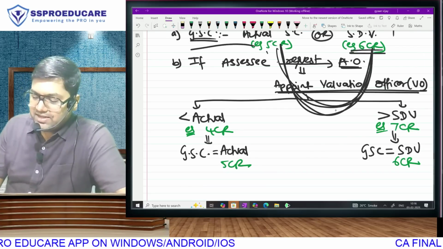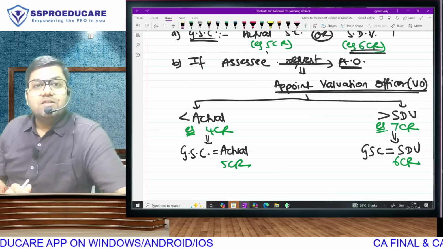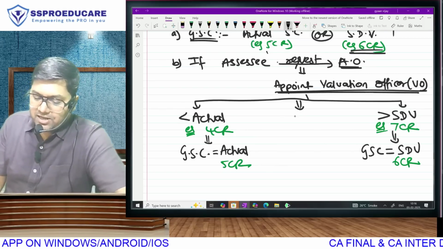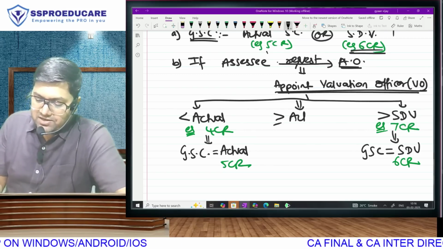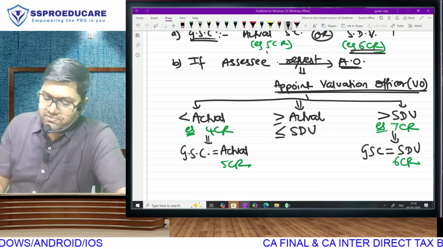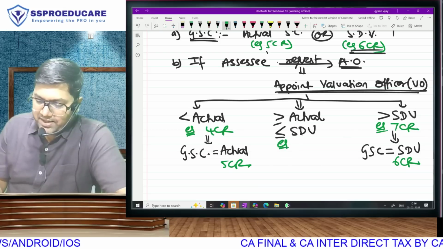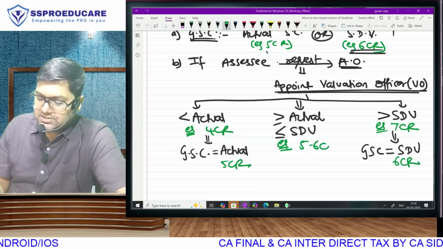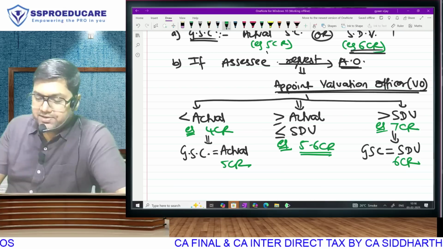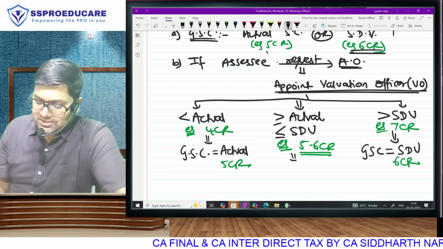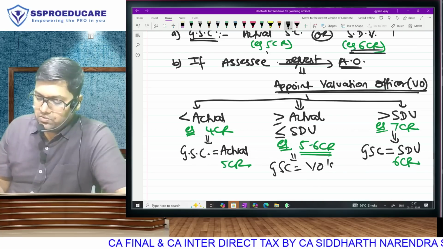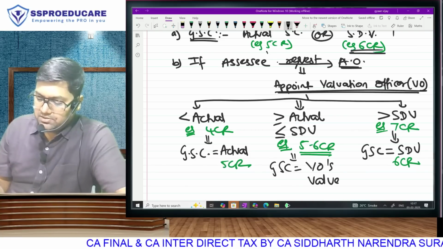You have to give an answer which is between the two. The job of a VO is to bring an in-between value for all practical purposes. The VO will give a value which is greater than or equal to actual, less than or equal to stamp duty value. Example, 5.6 crore. Is the VO bringing a settlement amount between the two parties? And ladies and gentlemen, in such a case, the gross sale consideration will be the value adopted by the valuation officer.